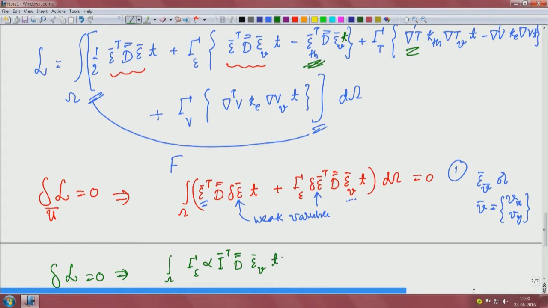So, that T will be there, and it is there in the other term also, that will be gamma T and then del transpose delta T.